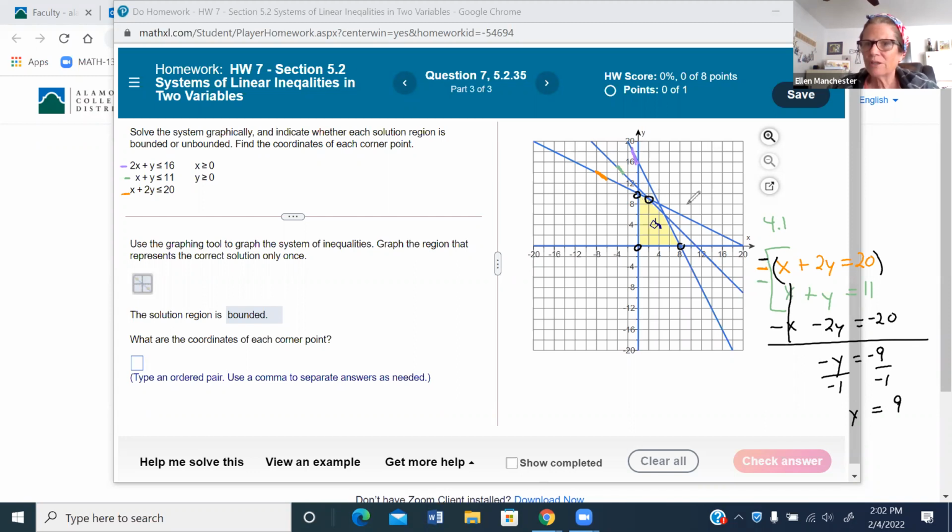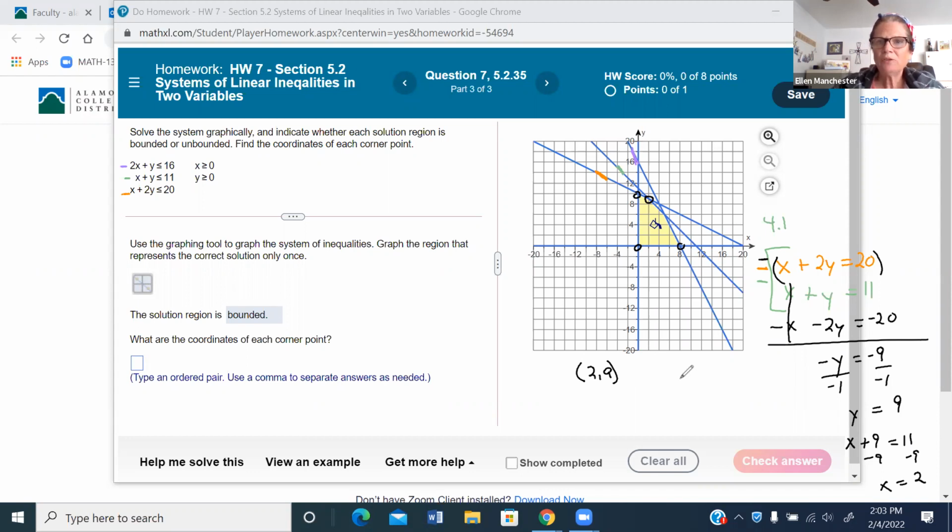So we're good. Once I get my y, I plug it into either equation. I always pick the easier one, and I get x equals 2. Here's my x is 2, here's my y is 9. That's right where that corner point is. So the first corner point is 2, 9.